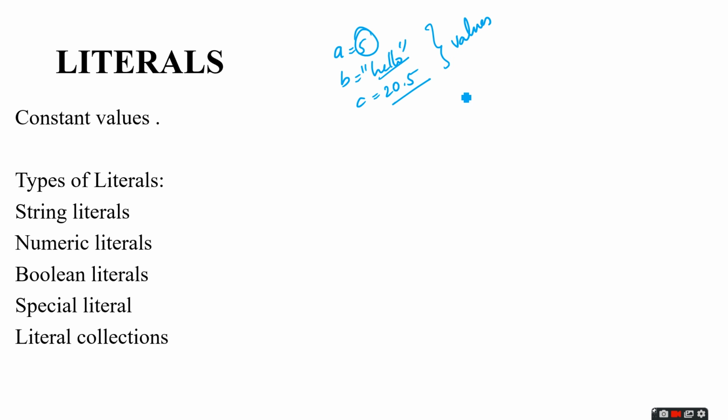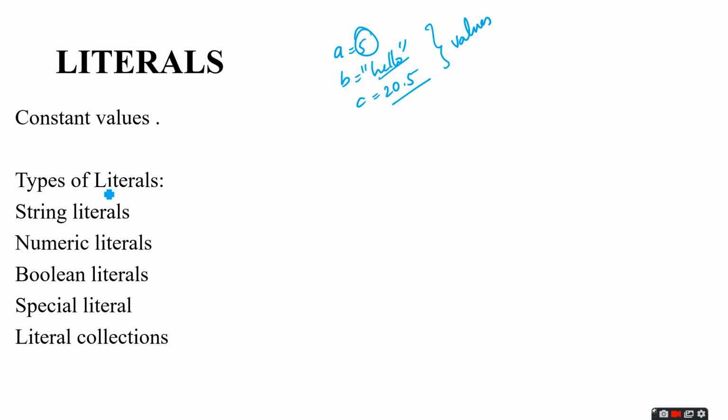These values are known as the literals. Literals means the values that are pointed to or referenced by a variable. In Python, the different types of literals used are string literals, numeric literals, boolean literals, special literal, and literal collections.